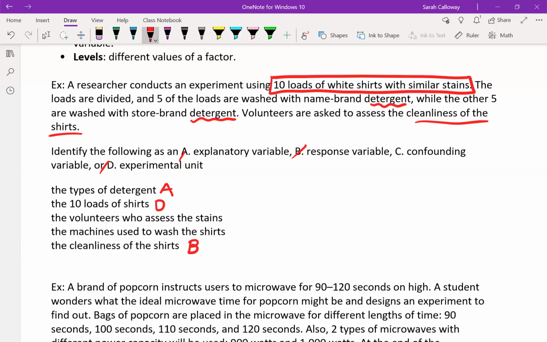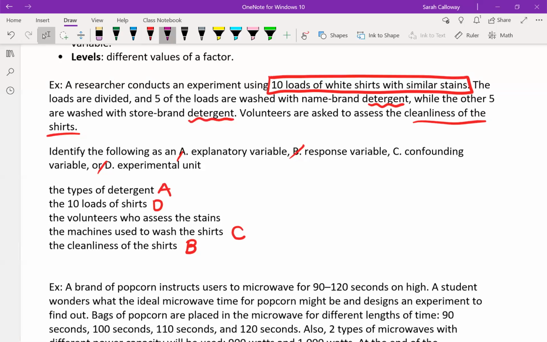So if we look at this, depending on the type of machine that's used, if I have a newer machine or a more efficient machine, right, that can have an impact on the cleanliness of the shirt that I might not have accounted for. So the machines used to wash the shirts could be a confounding variable. We could fix that by washing these shirts in the exact same washing machine every time, right? As long as the loads are all washed in the same machine, that would eliminate the confounding variable.